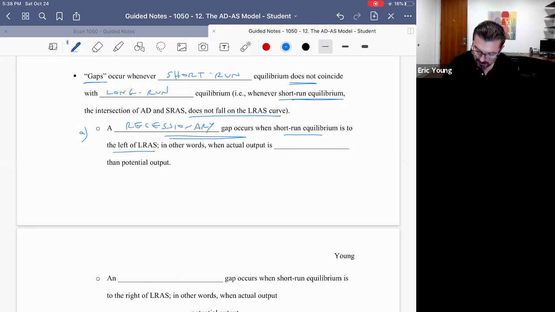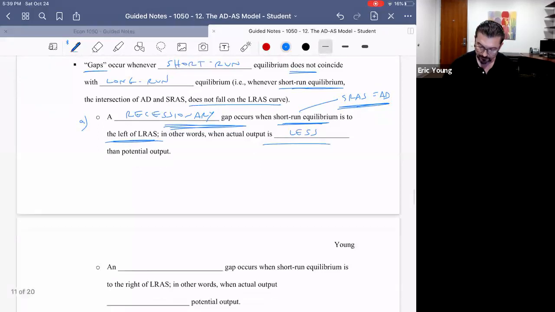Again, remember, short-run equilibrium is where SRAS equals AD. Where this intersection point is to the left of the LRAS curve, you've got a recessionary gap. Seen a different way, it implies that actual output is less than potential output.